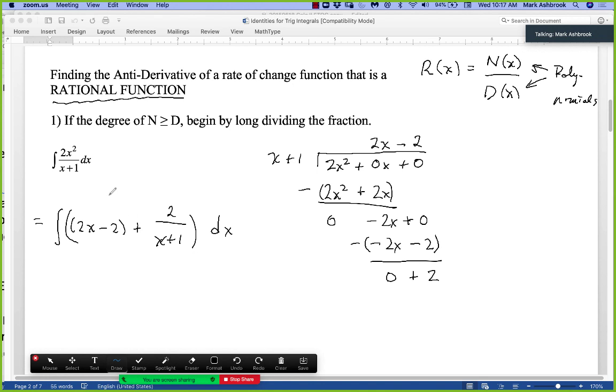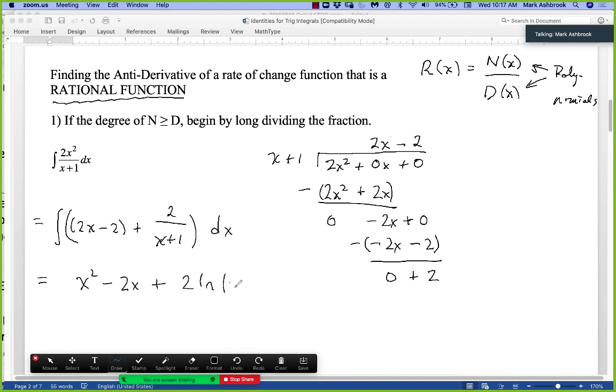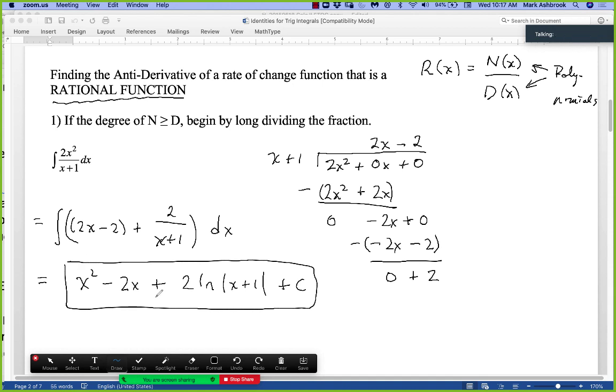Okay, is this doable? Can we do this? Yeah, very doable, right? x squared minus 2x plus 2 natural log absolute value x plus 1, plus c. Done. Closed form.